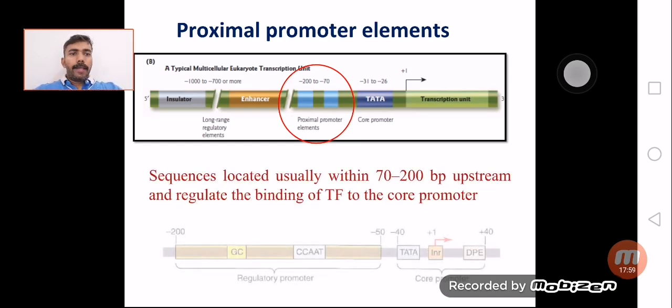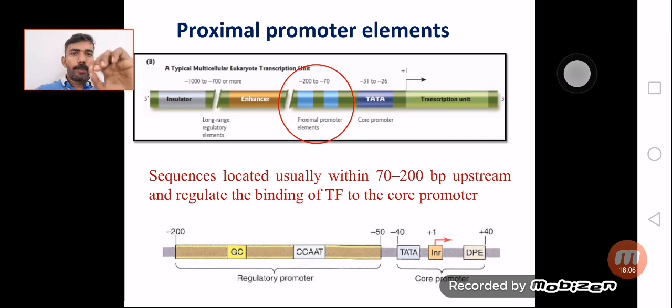What they do is help regulate the binding of transcription factors, that means the general transcription factors, to the core promoter region. You can see two such sequences, the GC box and CAT box, named corresponding to their sequences.